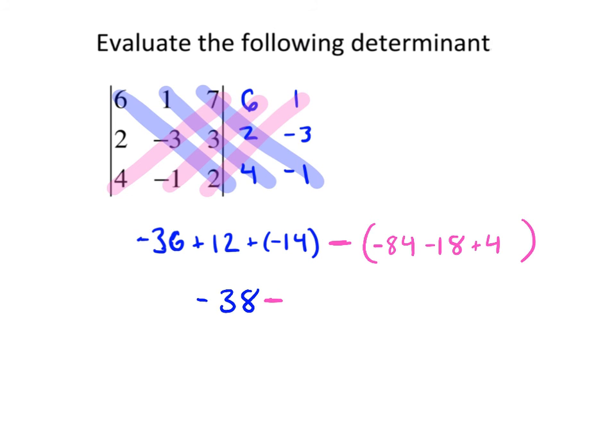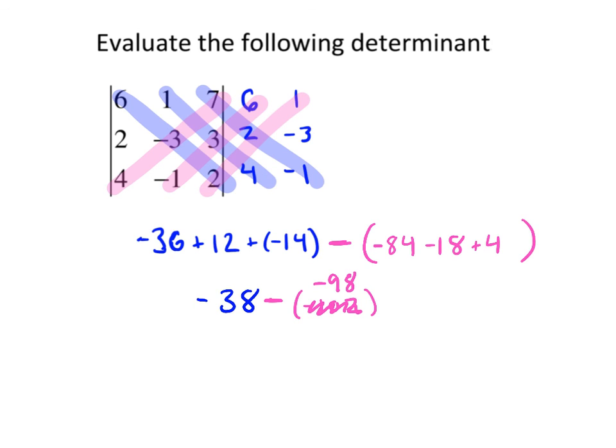Negative 84 plus negative 18 is negative 102, and then plus 4 is negative 98.